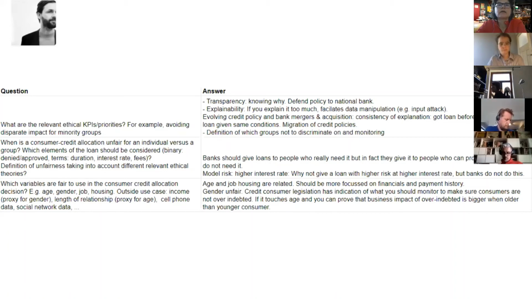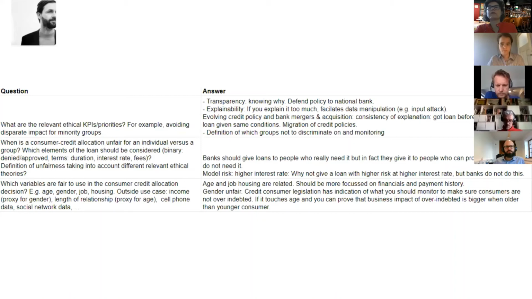The second ethical KPI pertains to explainability. It's a kind of tricky thing we experienced because on the one hand, you want to explain, for example, if you would have had 200 euros more on your savings account, you would have been given the consumer credit.